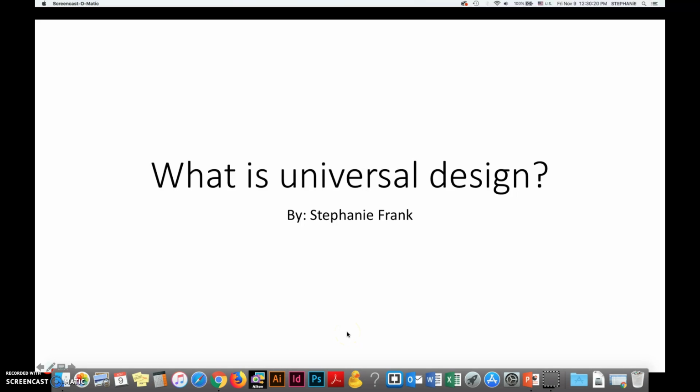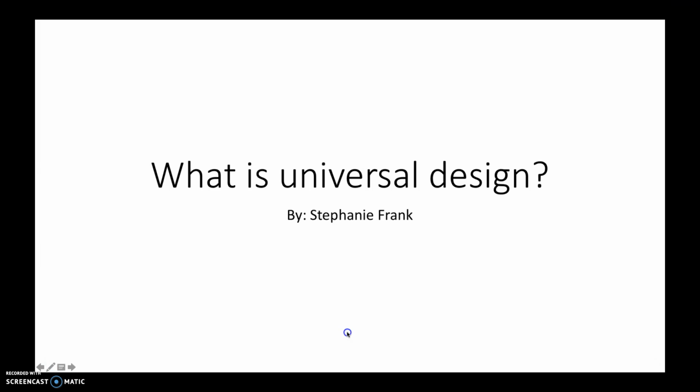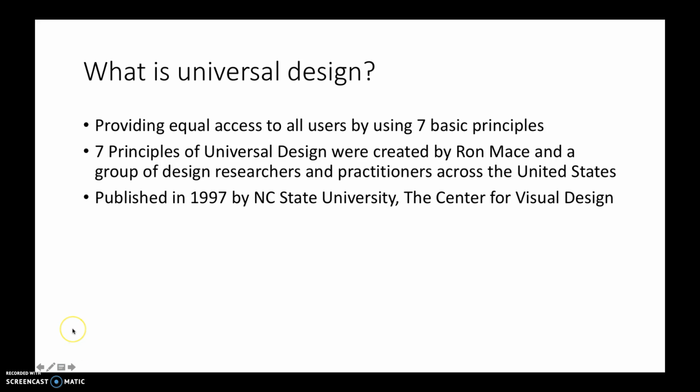I am one of the online students, and I am going to cover the topic, what is universal design? So universal design is providing essentially equal access to all users with 7 basic principles.